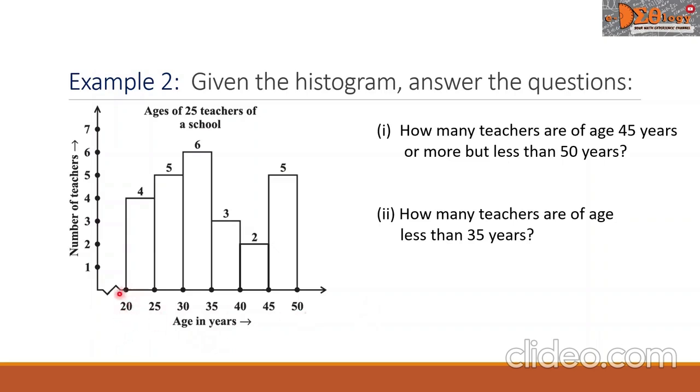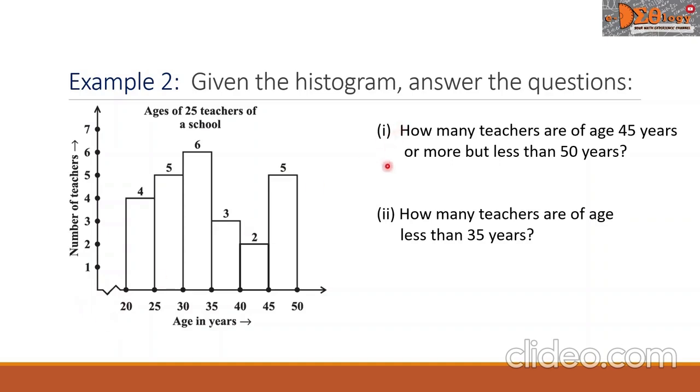Note that it started with 20, then 25, 30, 35, up to 50. That means the ages of the teachers are from 20 up to 49. Also, there are no teachers below 20 years old.